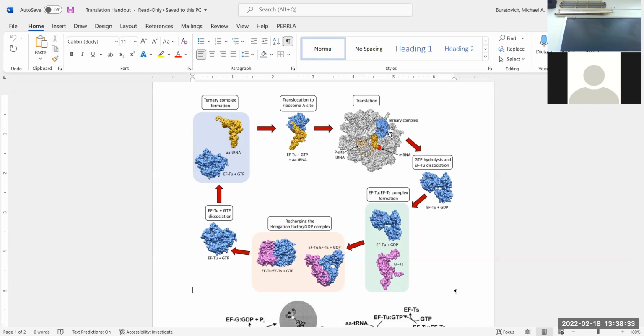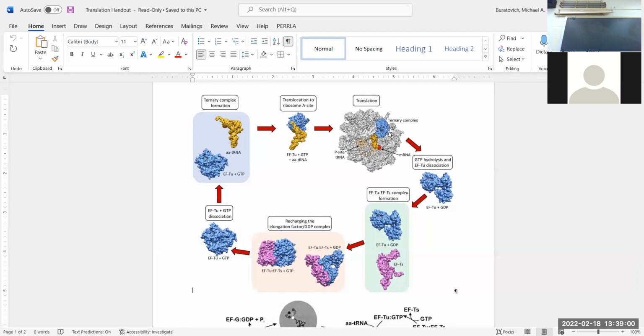It tickles the protein and it changes conformation, it spits out the GDP, and it takes up a GTP. So this type of protein is called a guanine nucleotide exchange factor, or a GEF, a GDP exchange factor. So it causes it to spit out the GDP, take up the GTP.